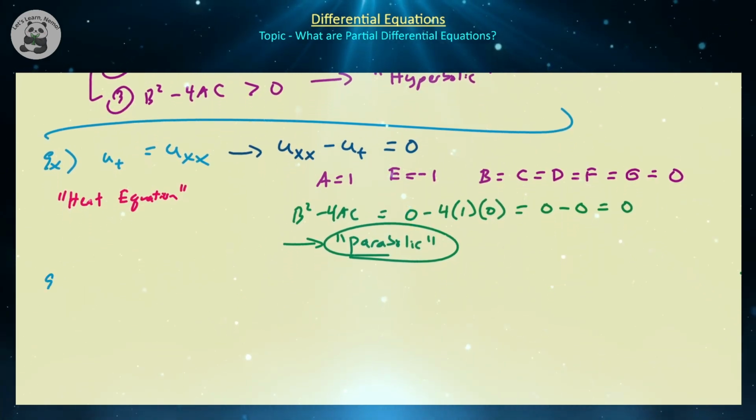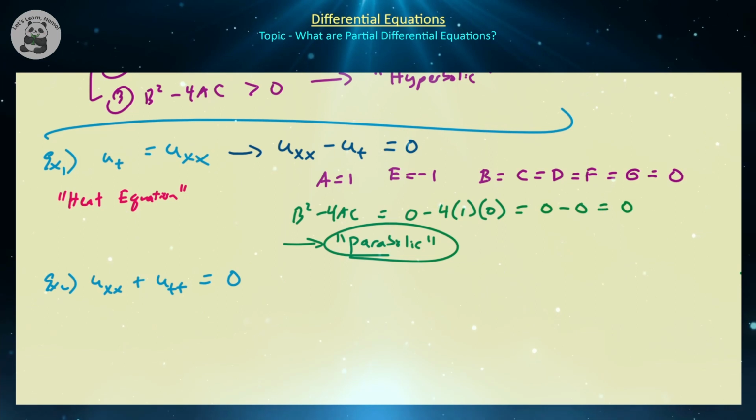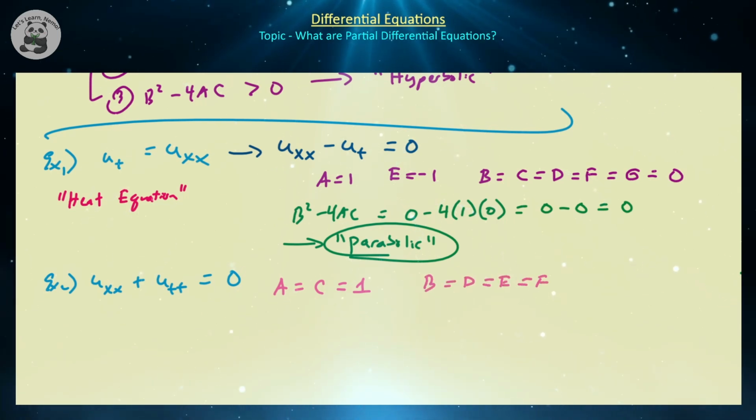Let's look at another example. Example 2. Suppose we have uxx plus utt is equal to 0. It's already in what we call standard form, so we can easily identify the coefficients. In this case, a and c are both equal to 1, and b, d, e, f, and g are all equal to 0.